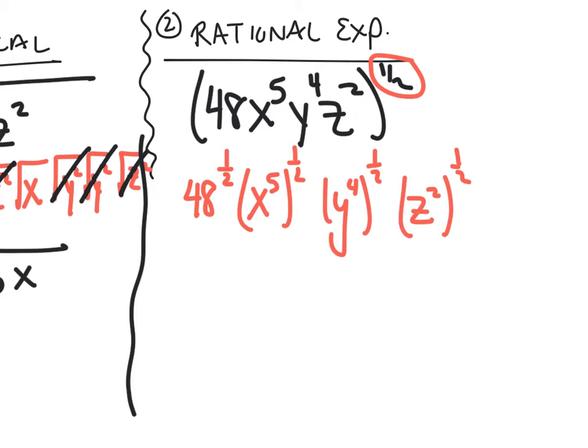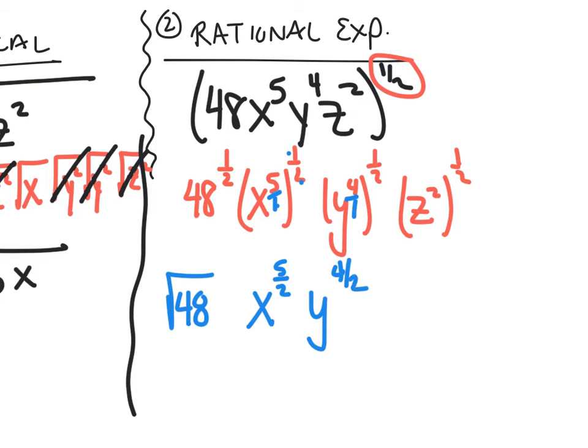48 to the 1/2 is really the square root of 48. This becomes x to the, multiply, 5 over 1, 5 times 1 is 5, 1 times 2 is 2, so that's 5/2. 4 over 1, so this becomes y to the 4 over 2, which is just 2.